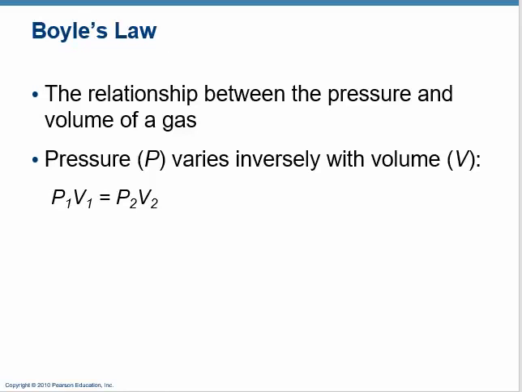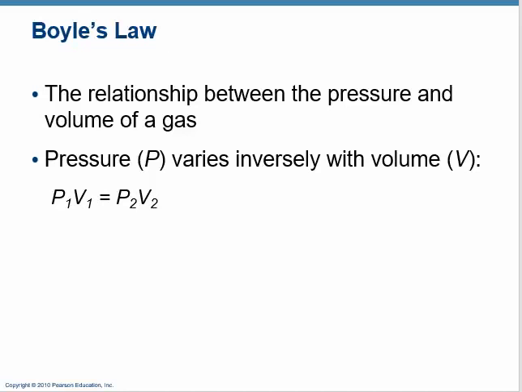So this is called Boyle's law, and it's the relationship between the pressure and the volume of gas. And I mean, this British scientist in the Victorian era got to have his name on a law for stating the obvious. What he says is that if you squeeze something, the pressure goes up, and if you relax on it, the pressure goes down.